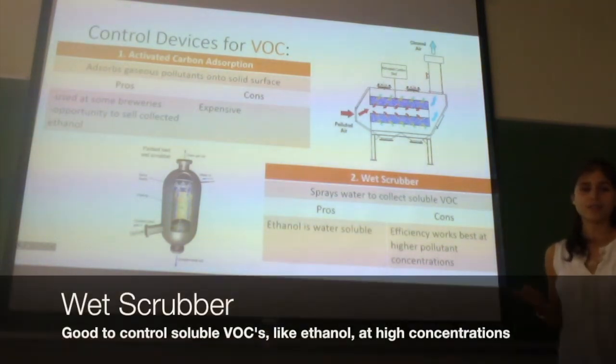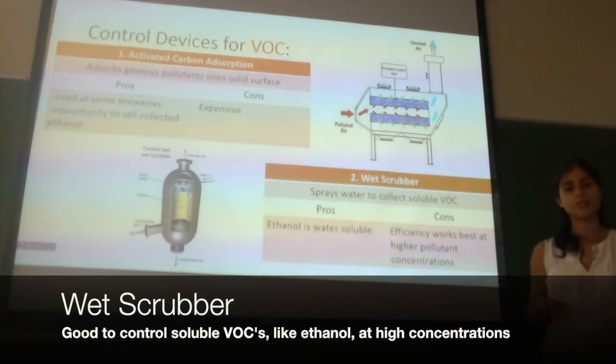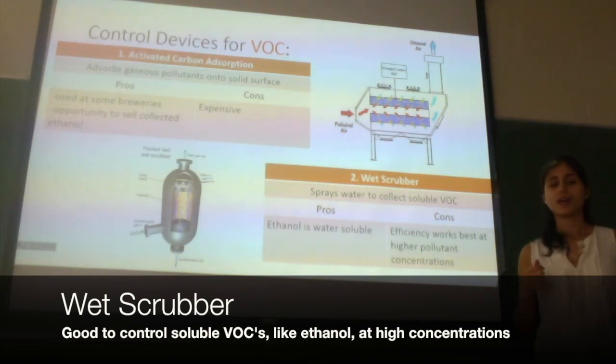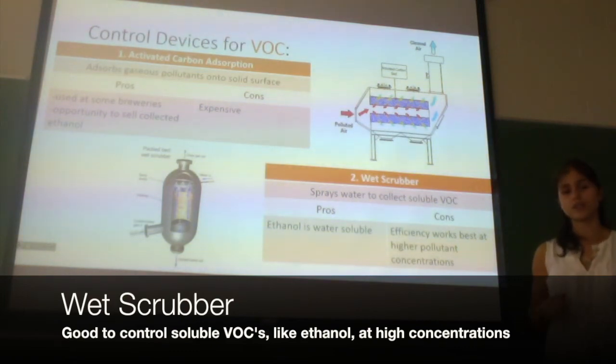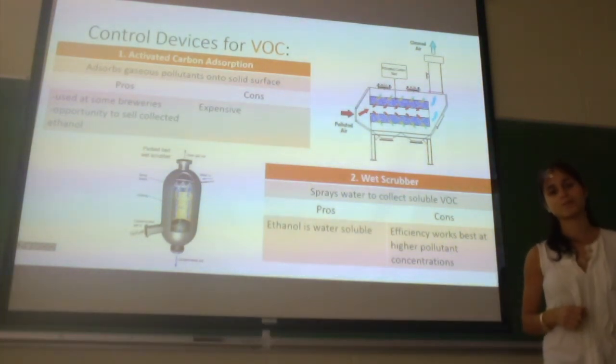Another option is a wet scrubber, which uses water spray to collect the soluble VOCs from the air. This is very good because ethanol is highly water soluble, so it easily biodegrades in water. The con to this, though, is that it is efficient mainly at higher VOC concentrations.